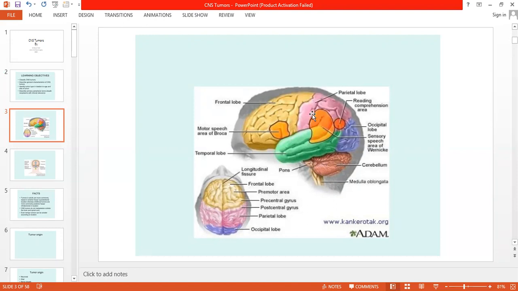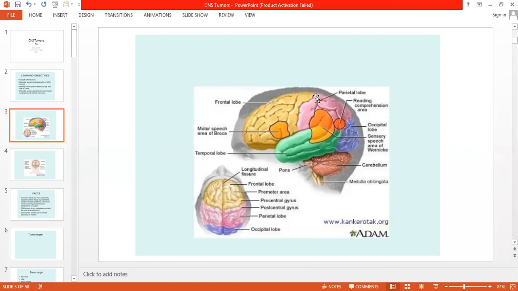So why is this important? According to certain tumor locations, if they are affecting these areas, the result is obvious. If the motor strip is being involved by a tumor, motor activity in the limb, upper or lower, will be impaired.